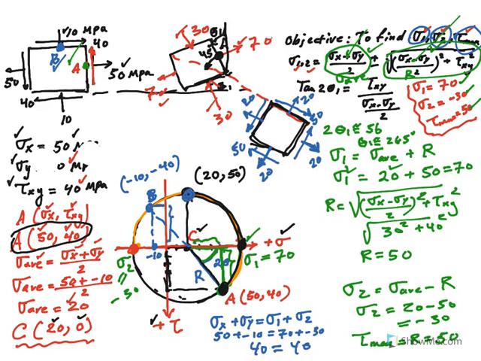Okay, remember in the video before that I called this point D. Point D is right here, where you have the coordinates, and point E, if you want to call this point E, would be right here, right? Because between D and E is 90 degrees here, but in the Mohr circle, that's 180 degrees.